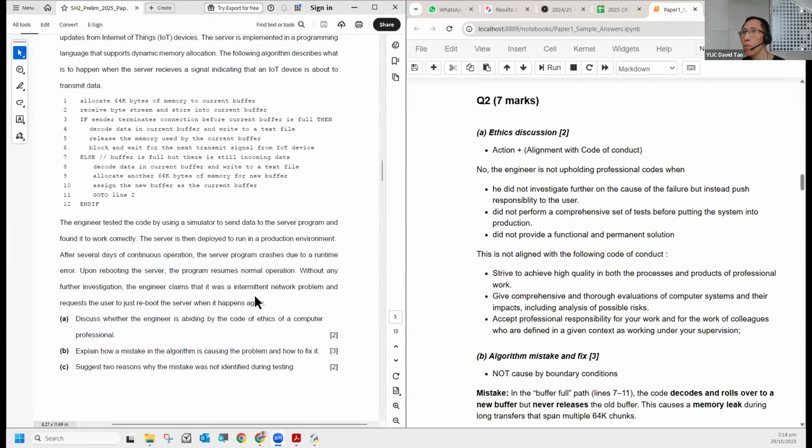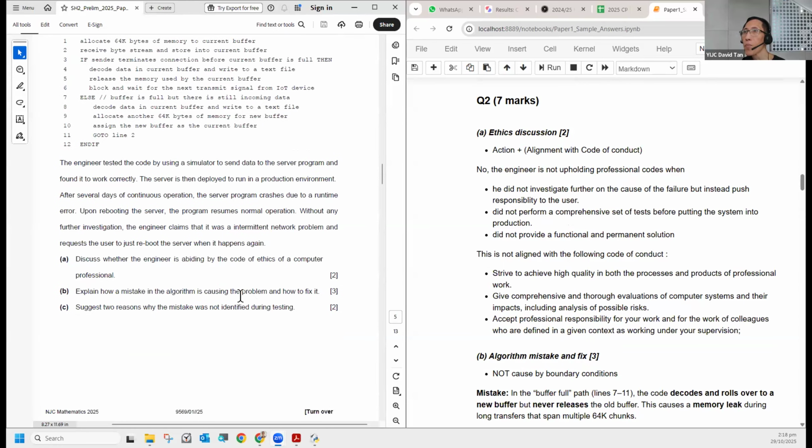Second, B and C talk about the mistake in the algorithm itself. That's why there's a problem. You need to look through the algorithm and be careful, because most parts of the algorithm should be quite correct.